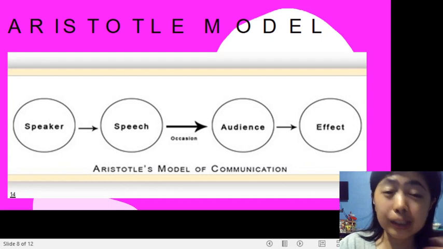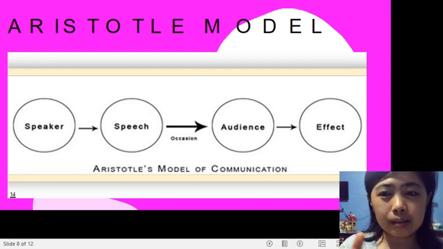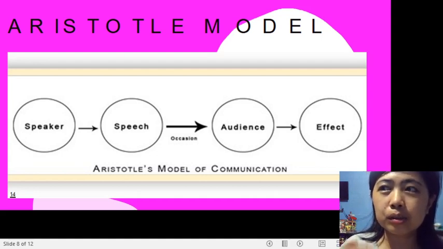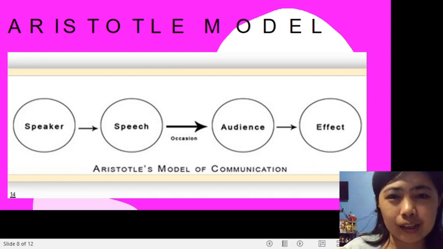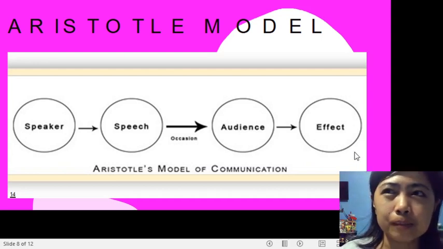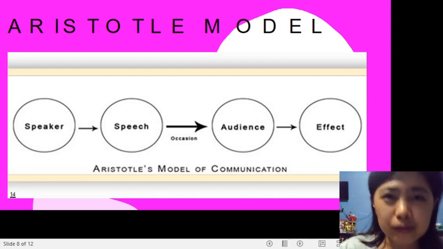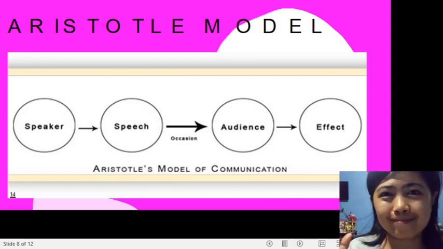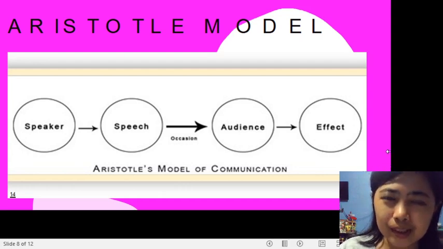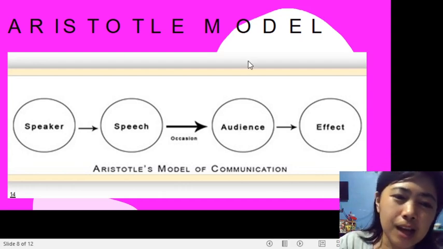Though it is linear, the concept is somewhat similar to the Shannon-Weaver, but from the nonverbal cues of your audience, you would know that you received good feedback, the reply itself. So that's the improvement from the basic model we had from the Shannon-Weaver. It's been modified so that it would be more appropriate for the new generation, and that's you, grade 11 students. I hope that one is clear.